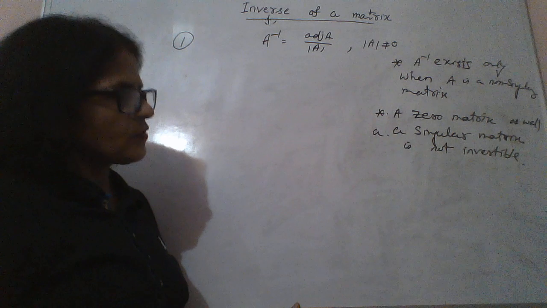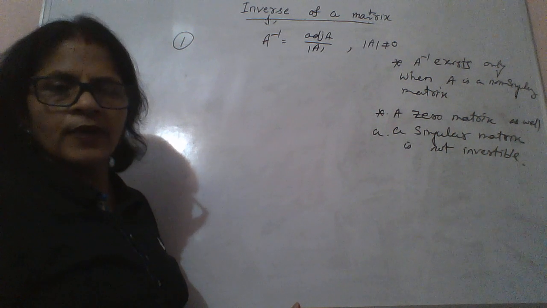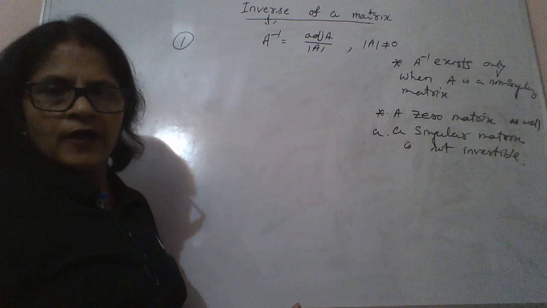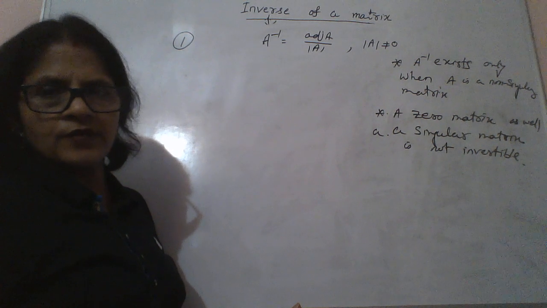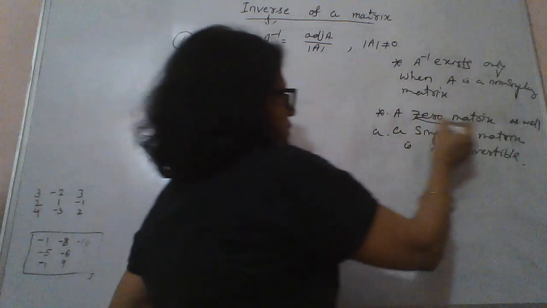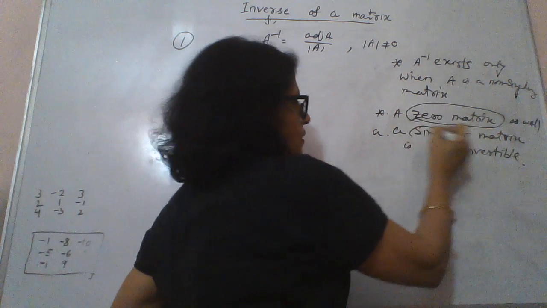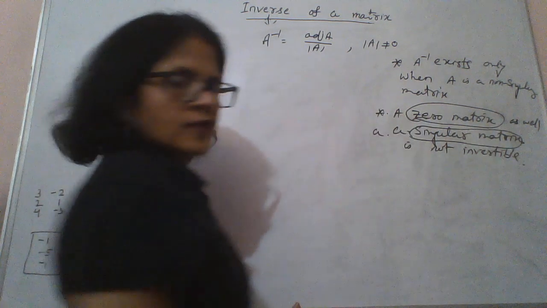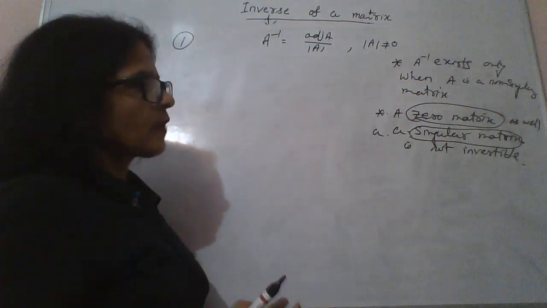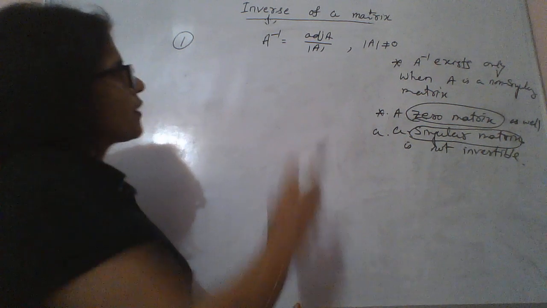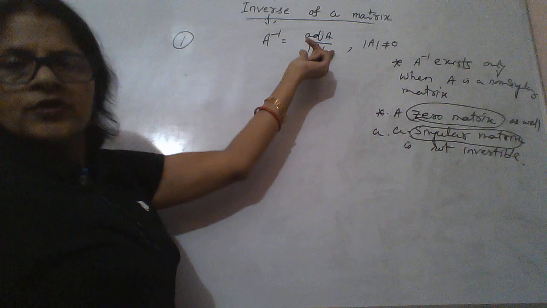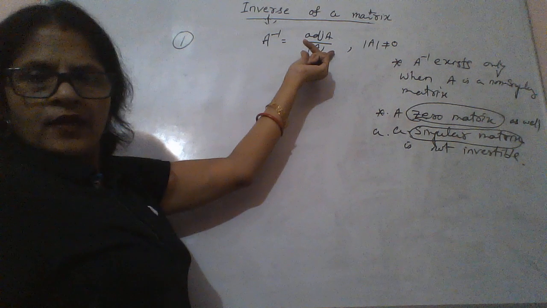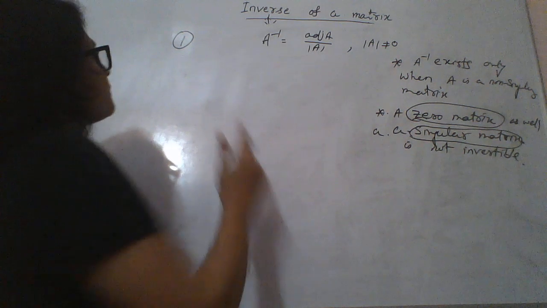And a singular matrix, even if it is a non-zero matrix, is a square matrix whose determinant is 0. In both cases, whether the matrix is a zero matrix or a singular matrix, the matrix will not be invertible, because in that case the determinant will be 0. If the determinant is 0, then 0 will come in the denominator, and we cannot define it.